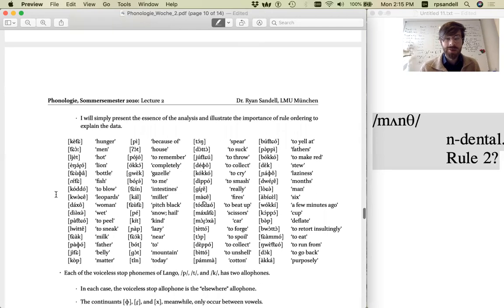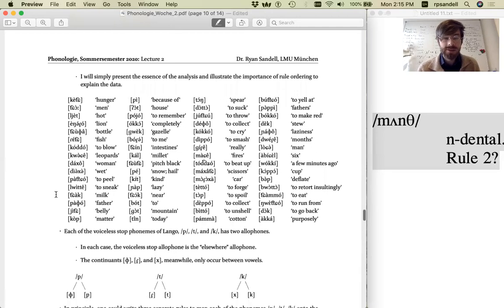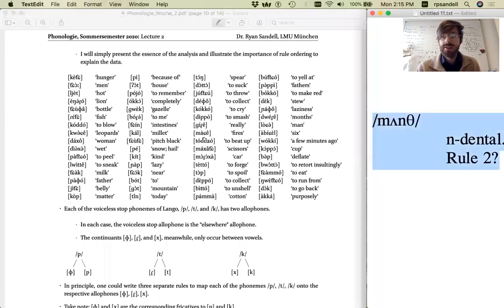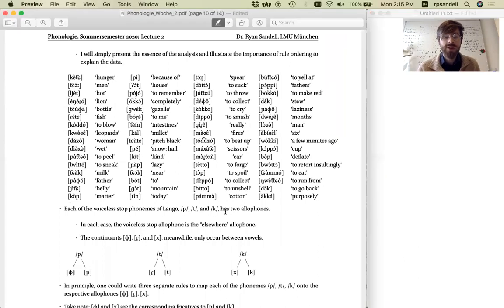So the analysis in this language is that we can take the Lango language to have 3 stop phonemes, each corresponding to a voiceless stop at the labial, alveolar, and velar places of articulation.